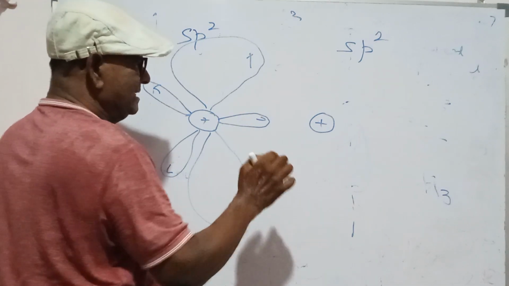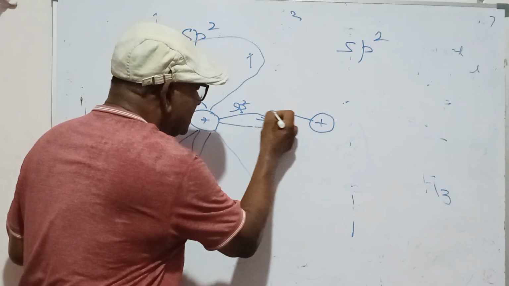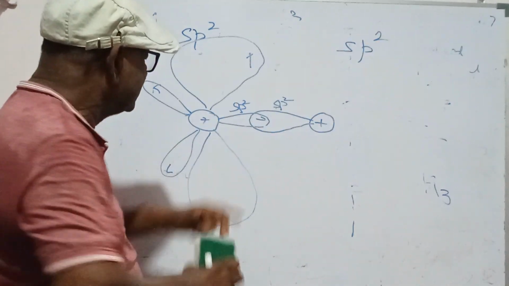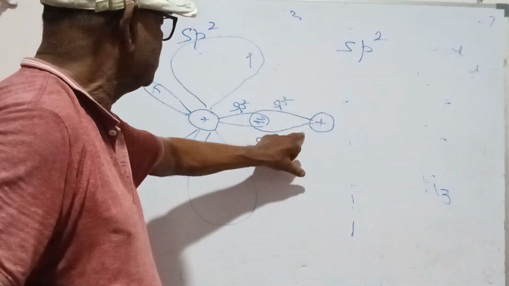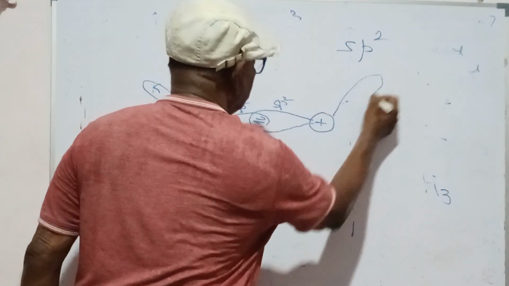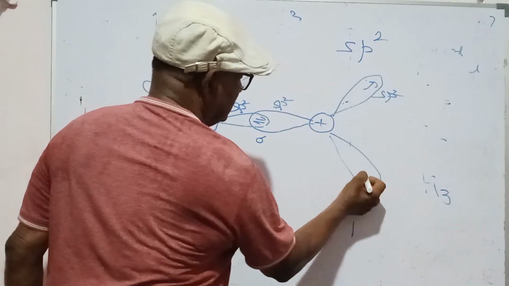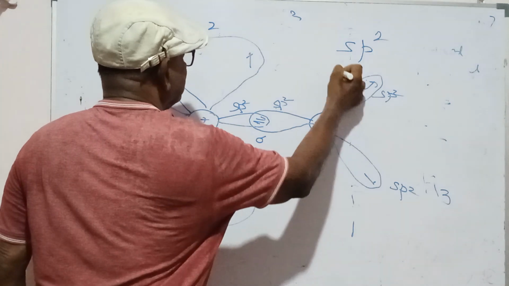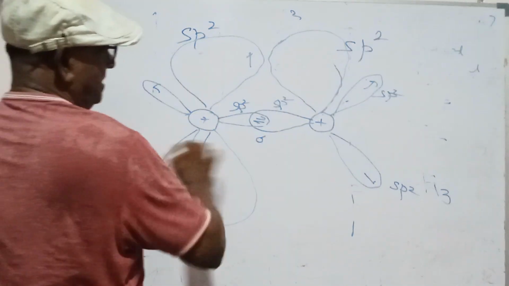So what will happen? One sp2 hybridized orbital of this carbon atom combines with the other carbon atom, forming a sigma covalent bond between these two carbon atoms. First of all, this carbon atom also now has two sp2 hybridized orbitals, similarly as in this one. This one also has an unhybridized orbital, like this.